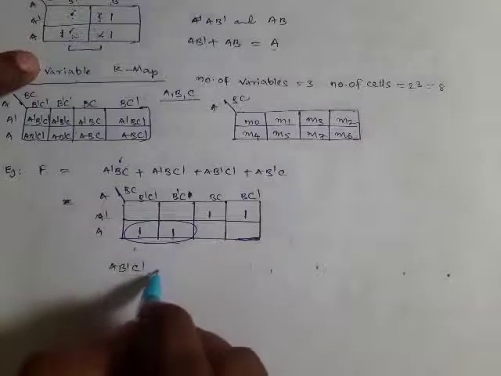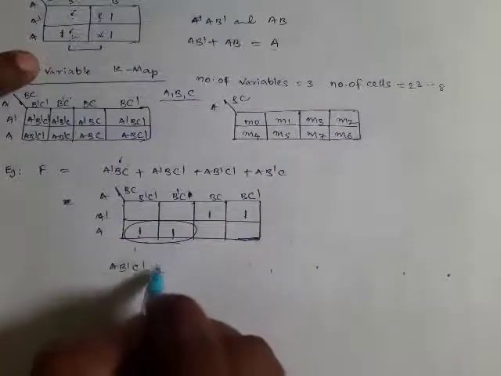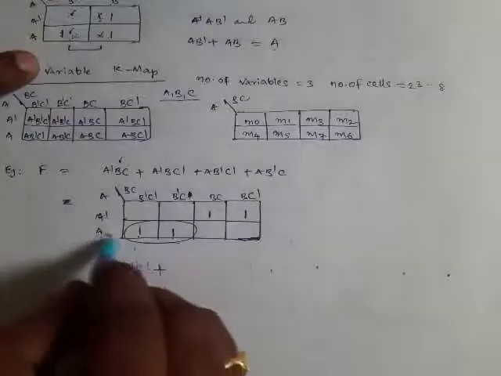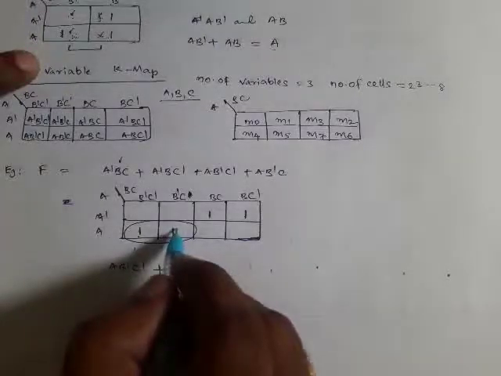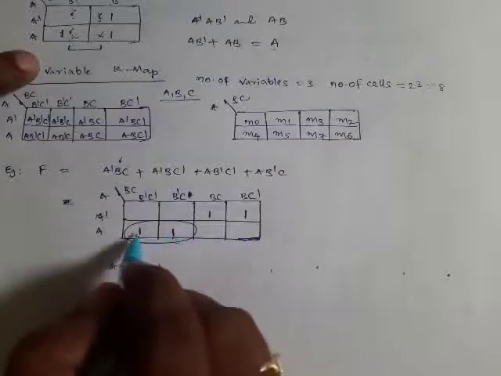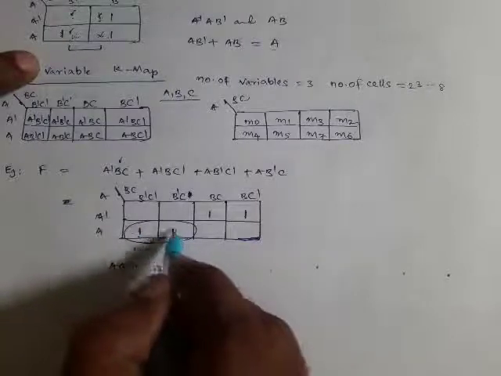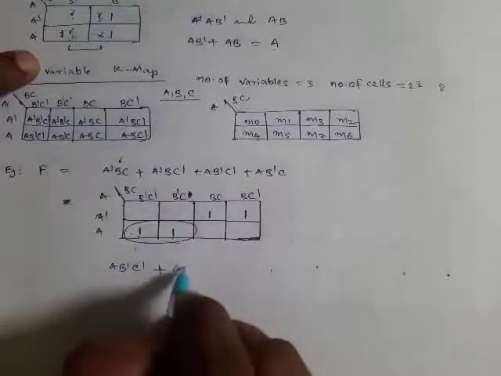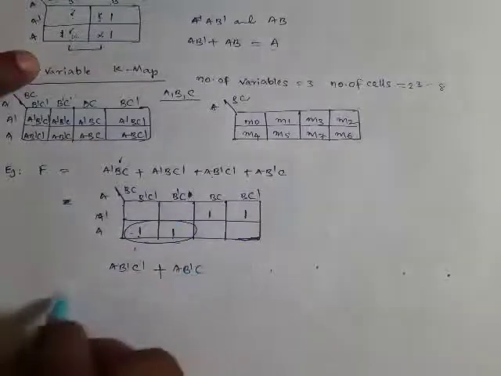So when I group, I am actually ORing, or logically adding, and I am grouping this minterm with this one. So this minterm is A B bar C.